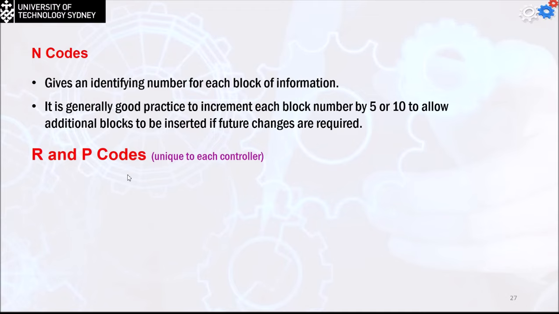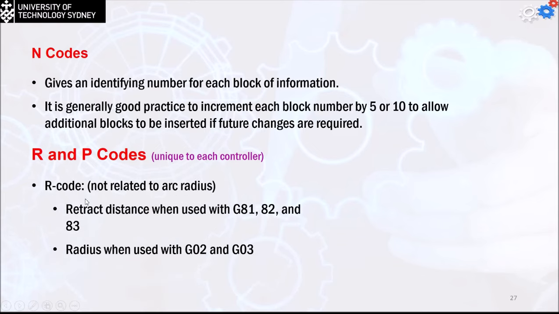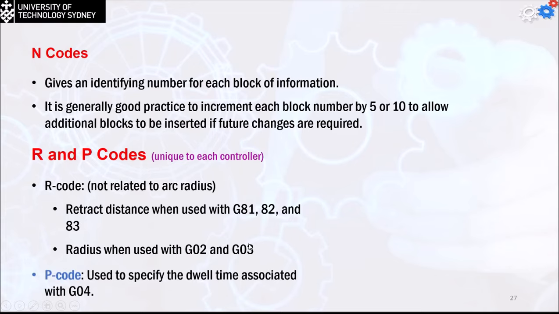For the R and the P codes, and this one is different from the radius code for the R. So the R code, which is the retract distance one, is going to be used with the G81, G82 and the G83. The radius is going to be used if I'm going to use the G02 and the G03. The P code is used to specify the dwell time associated with the G04 code.